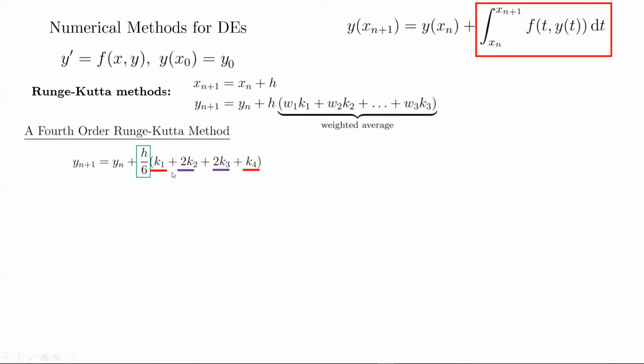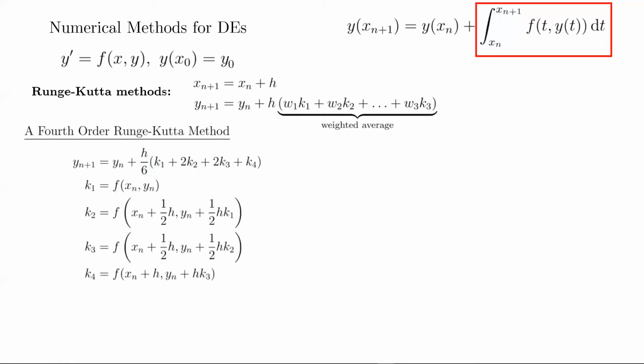So here our weights are 1/6, 2/6, 2/6, and 1/6. The fourth order Runge-Kutta method is basically a 4-step process.